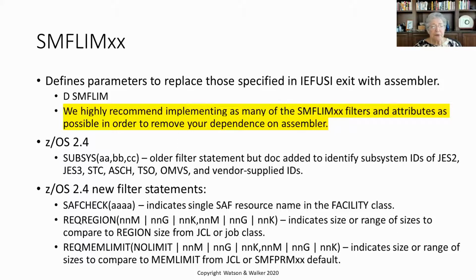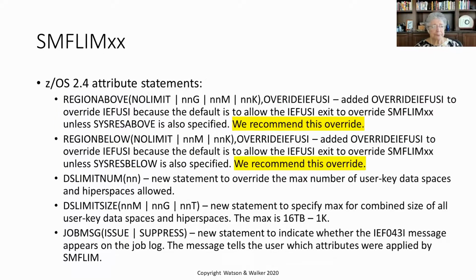So in 2.4, they had new filter statements. And I'm not going to go into these, but I just want you to realize that anything you put on these can be taken out of the assembler exit. So there's less assembler to deal with. Next slide.